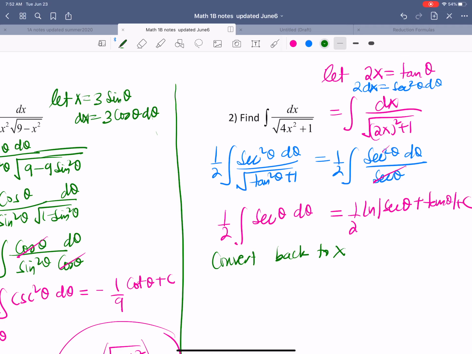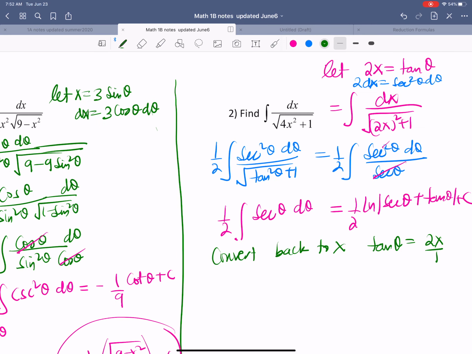So we can say tangent theta was 2x. So tangent theta was 2x. I can just put a 1 in the denominator because when you divide with 1, you're not really changing anything. So my triangle is here. This is where the tangent is. Tangent is opposite over adjacent. And I'm going to have square root of 4x squared plus 1. Okay, 4x squared plus 1.